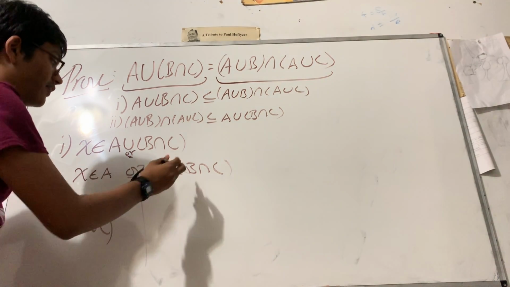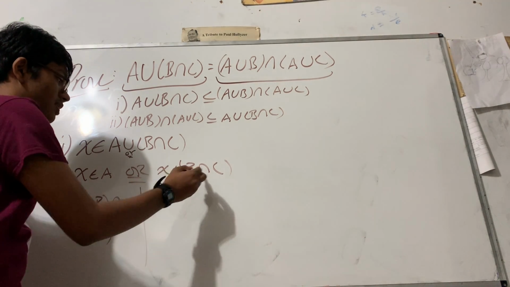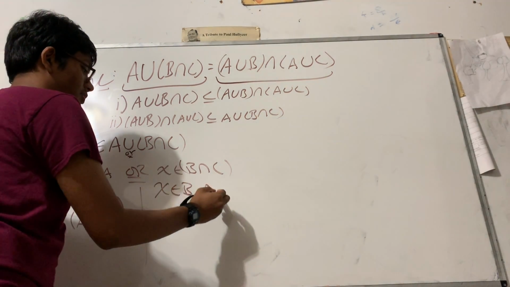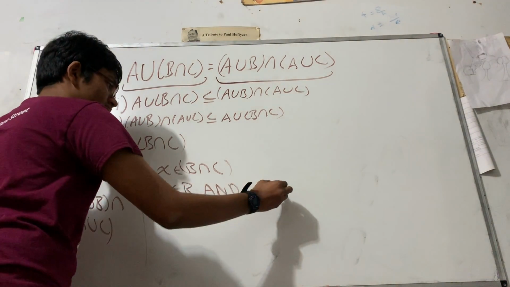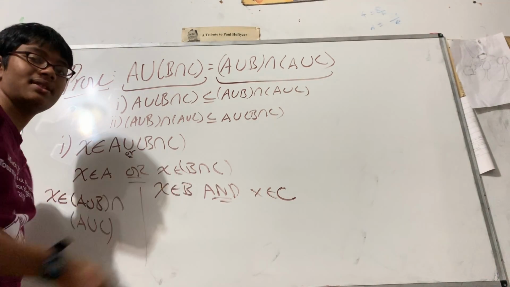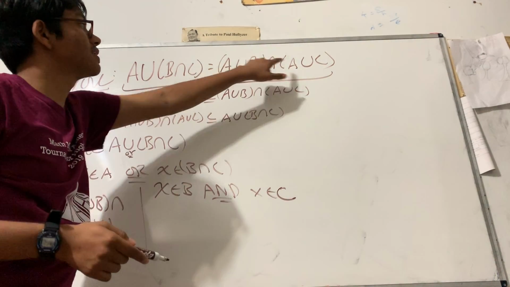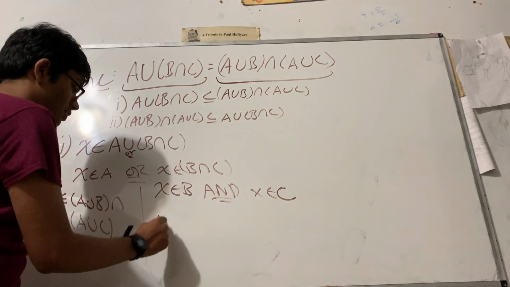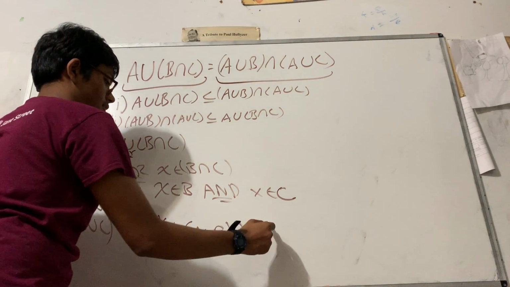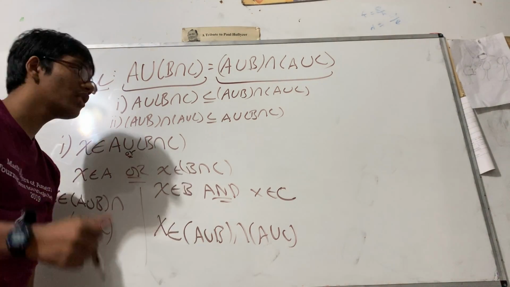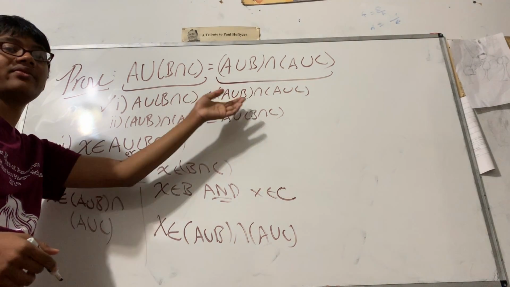How about this one? If x is an element of B and C, then we know that x has to be an element of this one, because you can see B and C is included in this set. So we can conclude that x is an element of (A union B) and (A union C). Alright, great, we just proved that the left-hand side is a subset of the right-hand side.